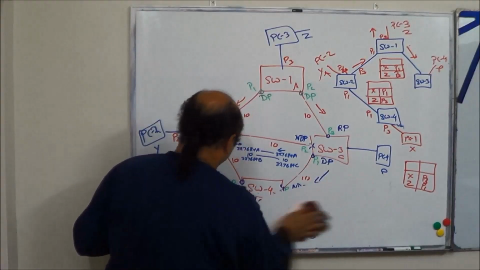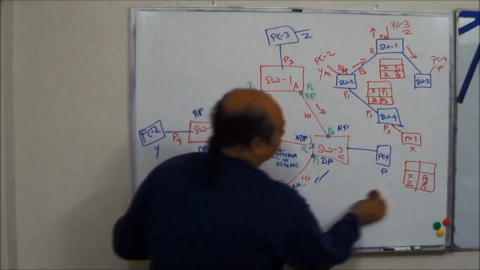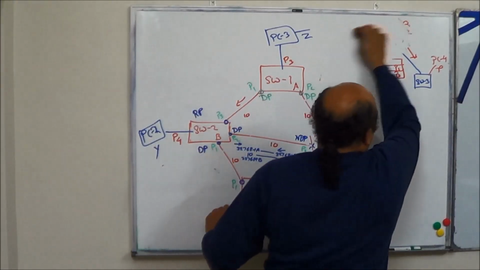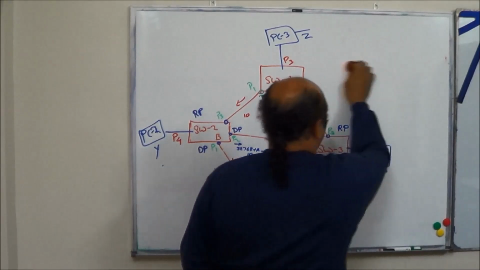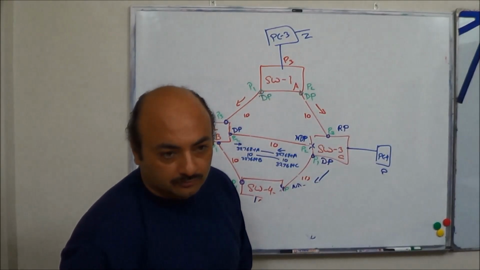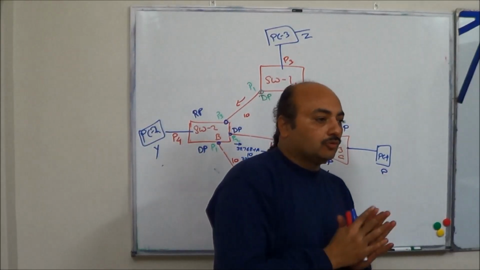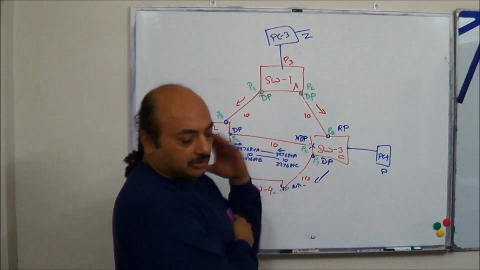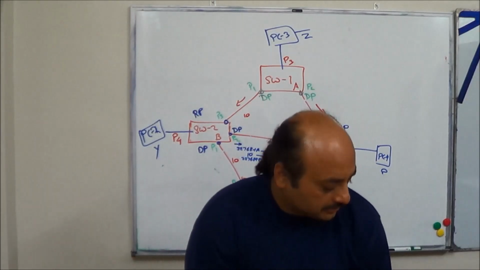Now, let's look at it from a different perspective. What are we electing first of all? There are many things we are electing. Before that, what does spanning tree do?